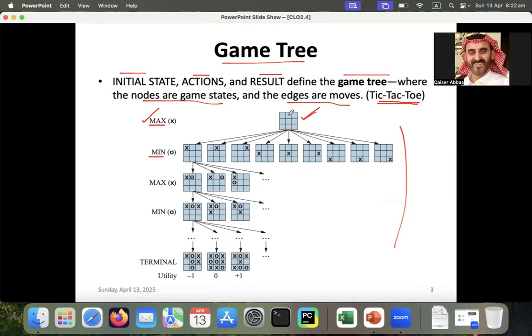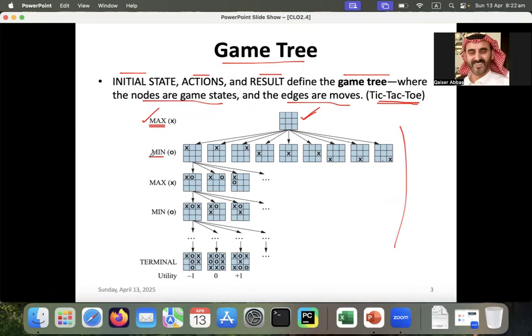Max has the move here, and initially max has the option to mark X at this place, or in the next cell, or the next, or the next one in the lower row, and so on. So these are all the possibilities for marking X for the player max. And then when it is done, all options are open.